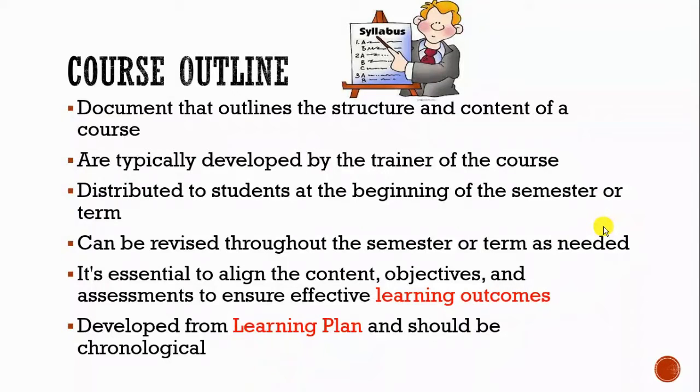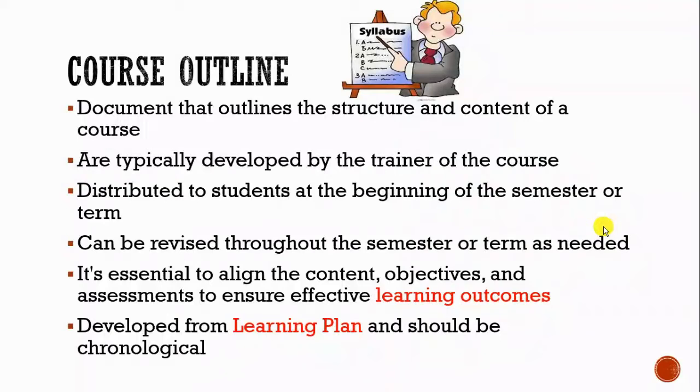So you're going to derive all the learning outcomes that you planned in your learning plan and align it to content, assessment, and trainers and trainee activities. And the purpose is to effectively achieve your learning outcomes. And it is usually developed from the learning plan.